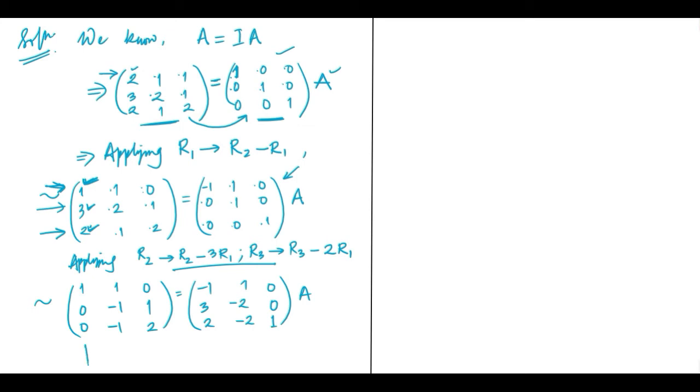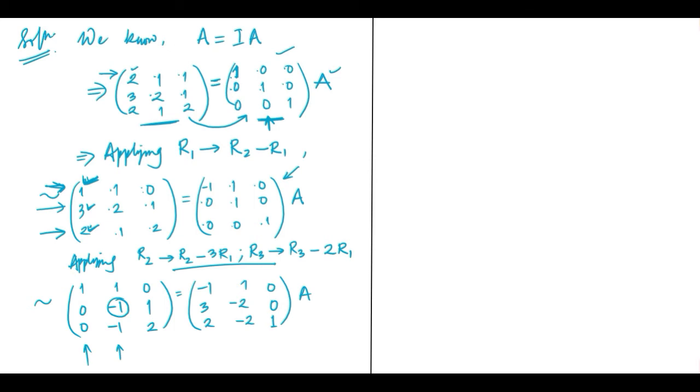Now you obtain the first column elements of the identity matrix. Next is to convert the second column elements to the second column elements of the identity matrix. In the same way now we will try to get 1 first here.